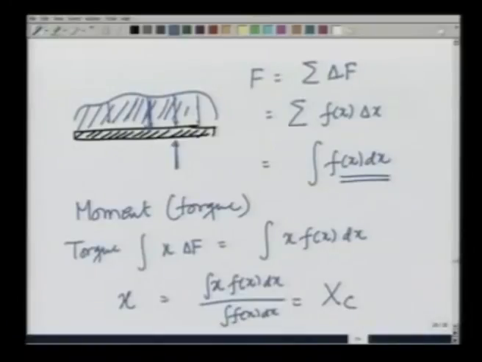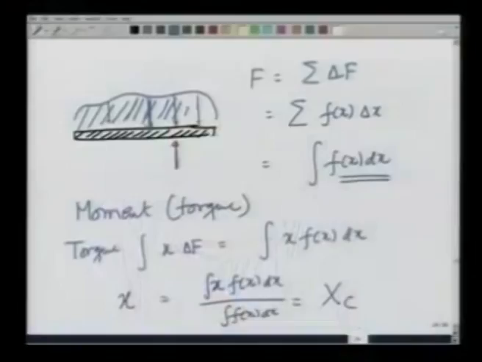So, we can say that effectively the force acts at the centroid of this given area, which describes the force distribution. So, you see immediately the connection between the first moment or the centroid that we define with a problem in mechanics.